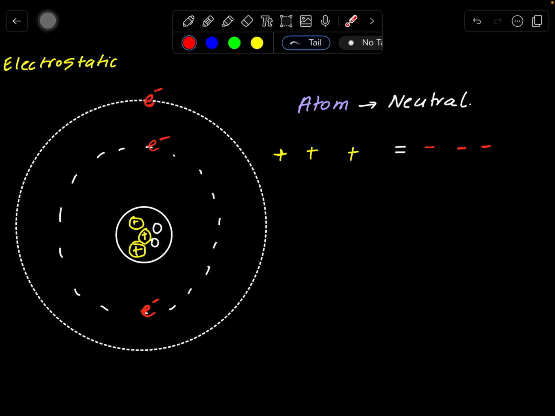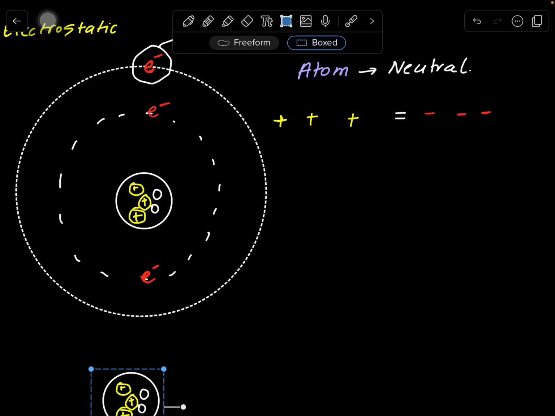It's easier to lose 1 electron than to gain 7 more electrons, right? So this atom loses this electron. When the atom loses an electron, what we're left with is this structure here.